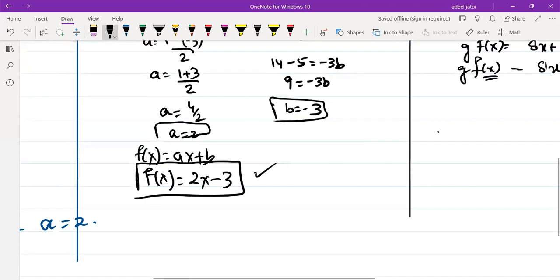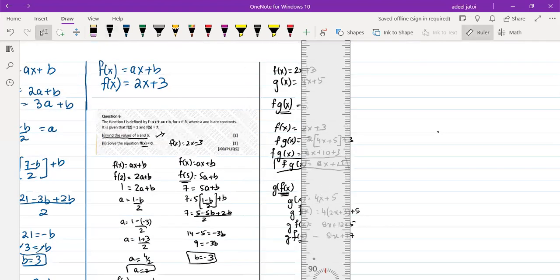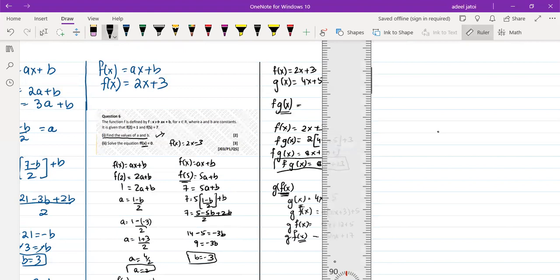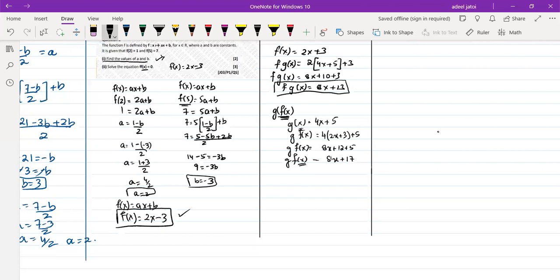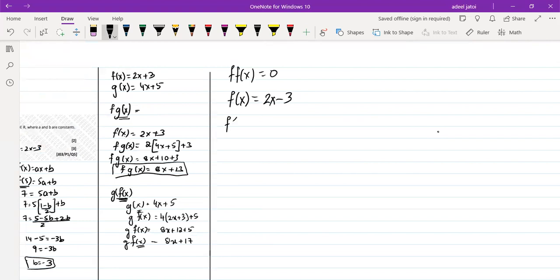So if we just want to substitute this, let's just solve it here. Knowing the fact that f(f(x)) is equal to 0 and knowing that f(x) is equal to 2x minus 3, we need f(f(x)), which means 2 times, in this x, we'll substitute f(x) again.